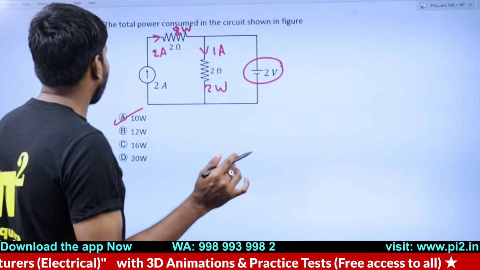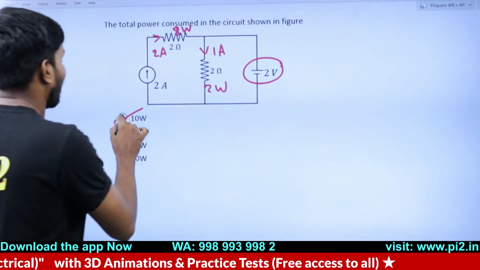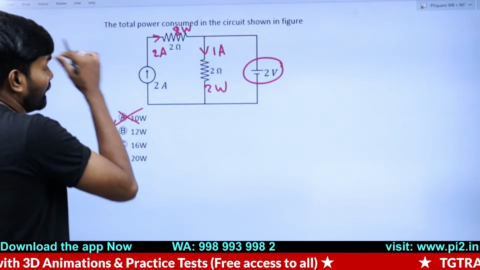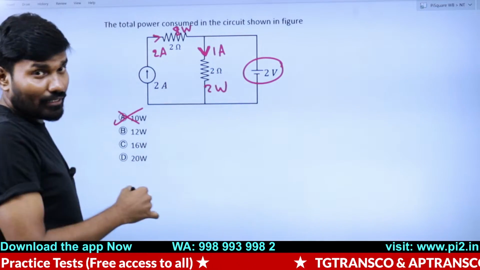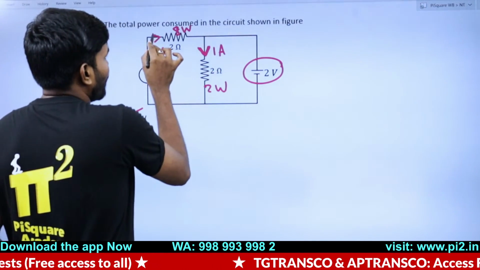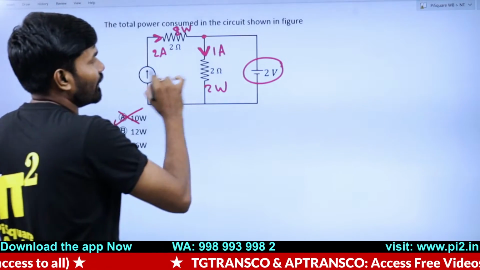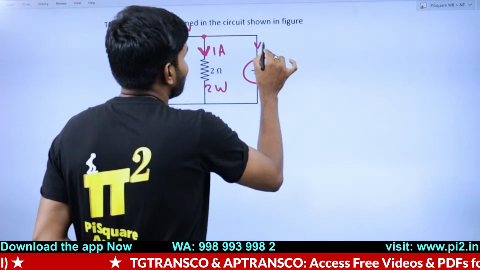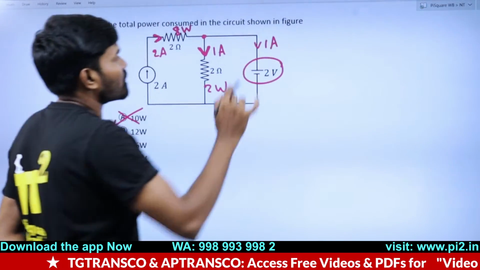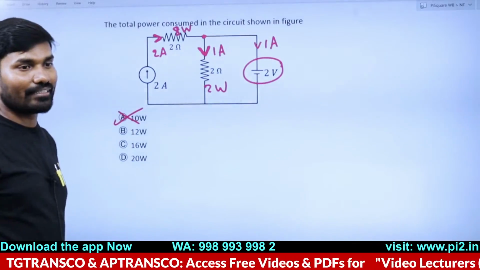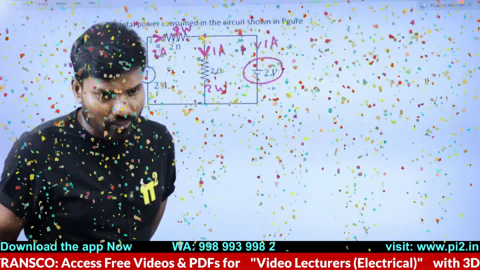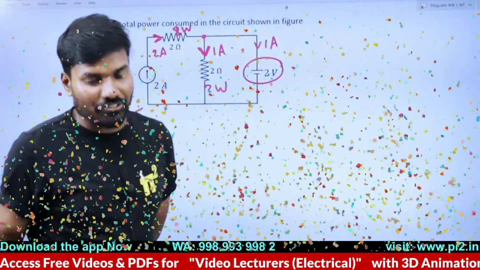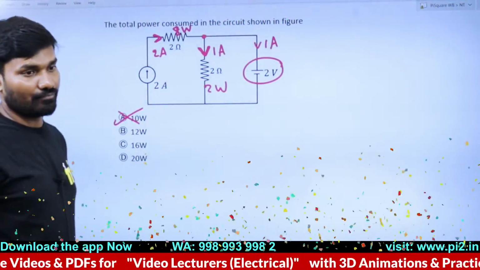Oh yeah, you're right, guys. It's not A. You're absolutely right. Because this current is 1 ampere. This current is 2 ampere. If you apply KCL here, this current is again 1 ampere. Absolutely fantastic, guys. Sampathji and Shani, you're amazing.